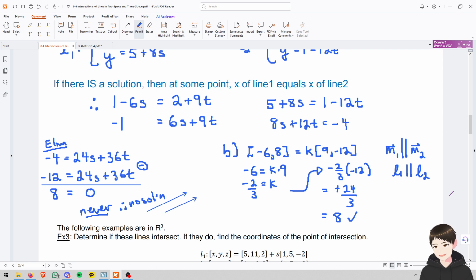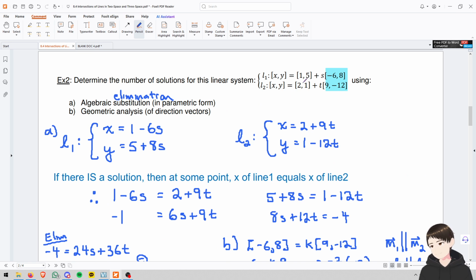So what are our options? That means we could be either infinite or 0 solutions. So how do we check? Those are the only options. In other words, there's infinite number of points meeting each other, or there's going to be none. So what you're going to do is choose a number.